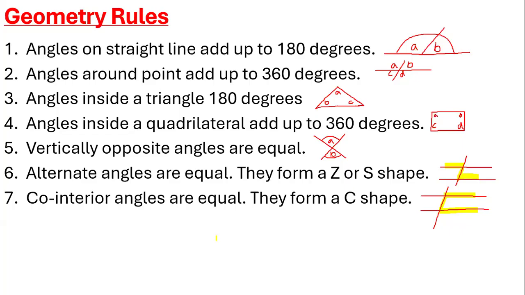Very good. Sion, read the second rule. Angles around a point add up to 360 degrees. Very good. Cleveland, read the third one. Angles inside a triangle equal 180 degrees. Very good.